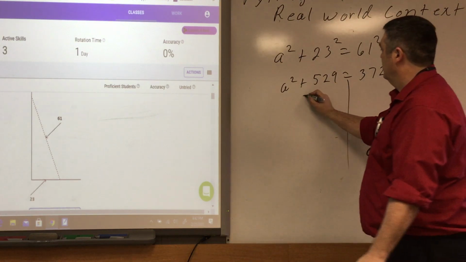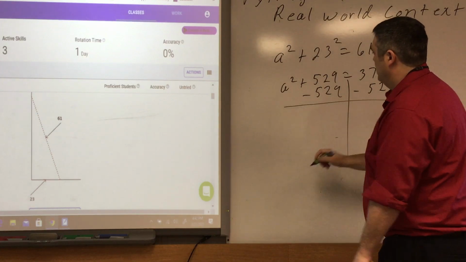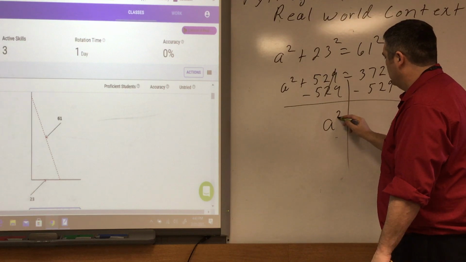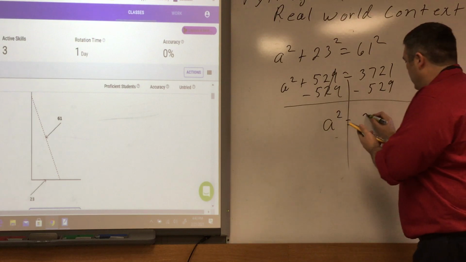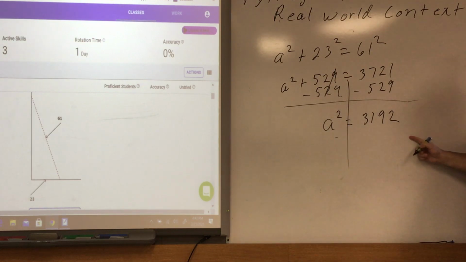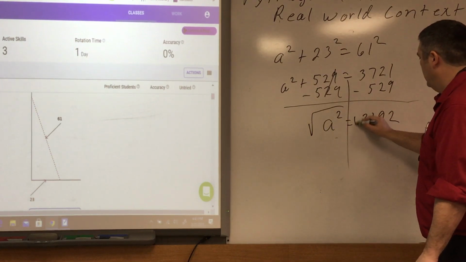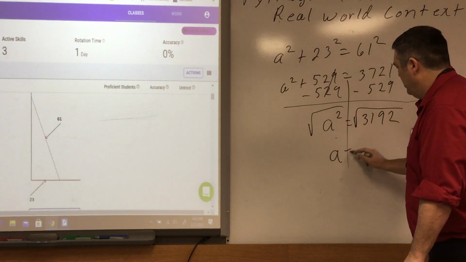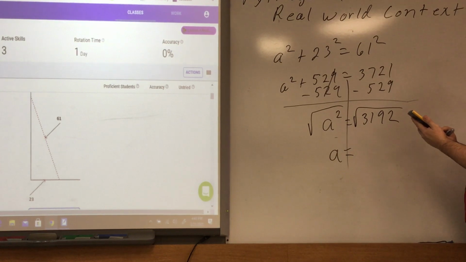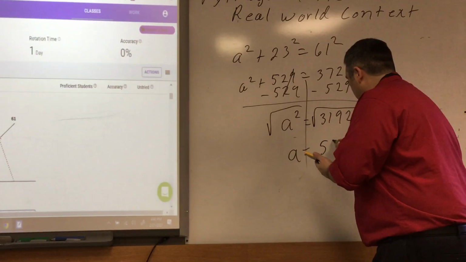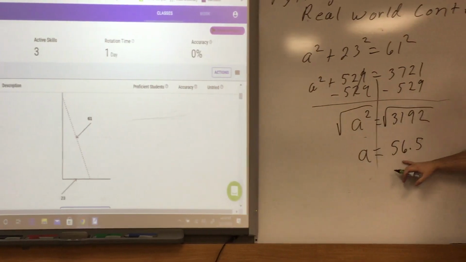Draw your line, 529, cancels that out, brings down A squared equals 3192. Take the square root of both sides to get rid of that, because this undoes that. Bring down your A equals square root of 3192, which is 56.5. Again, I rounded here, but that's not my answer.